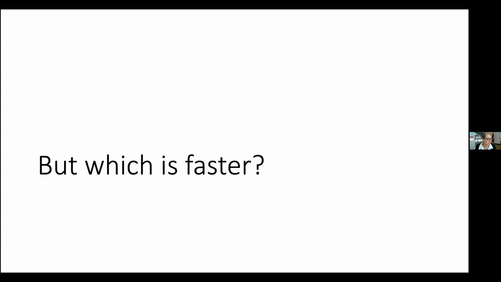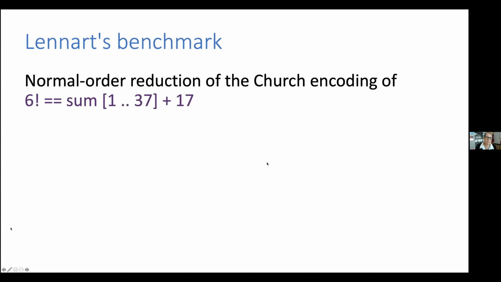But that doesn't really answer the question of which one is going to be faster if you care about performance. They all have a lot of bookkeeping going on, so how do those overheads compare? To measure this, I'm using a simple benchmark from Leonard Augustin's paper.